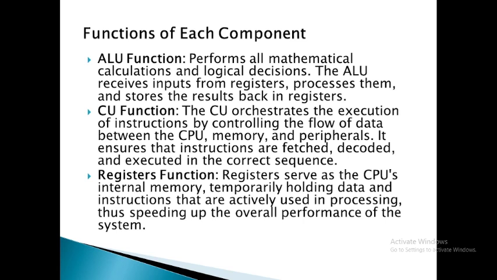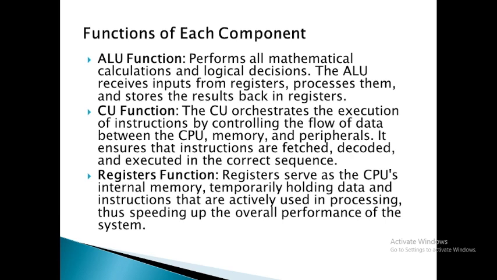The second component, that is the CU function. The CU orchestrates the execution of instructions by controlling the flow of data between the CPU, which is the brain of the computer, the memory, which stores data and information temporarily or permanently, and the peripherals.